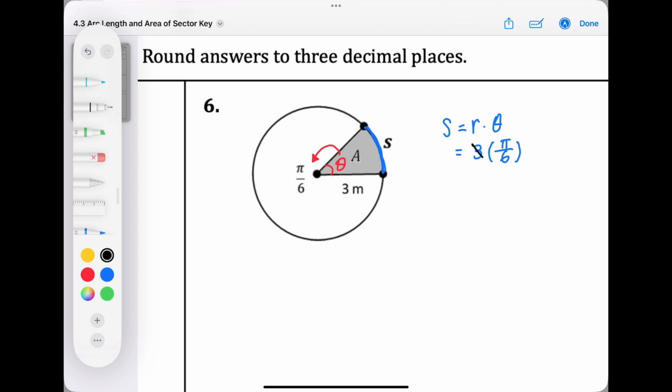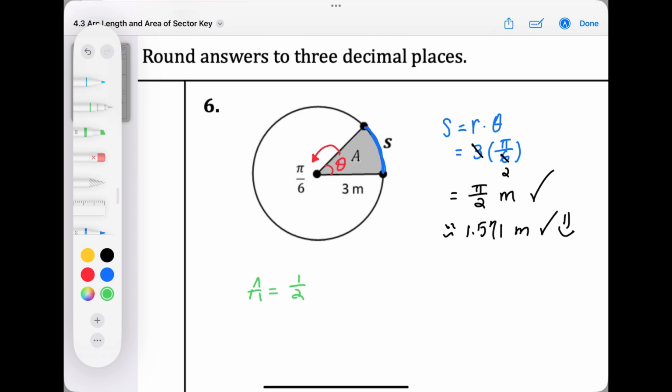So you can say, oh, housekeeping. Both sides can cancel out, so I got the answer will be pi over 2. And they're talking about meter, so pi over 2 meter, it's my arc length. That is correct. If you insist on giving me a decimal, that will be 1.571 meter. Good?